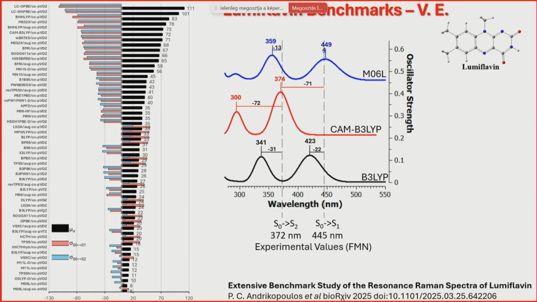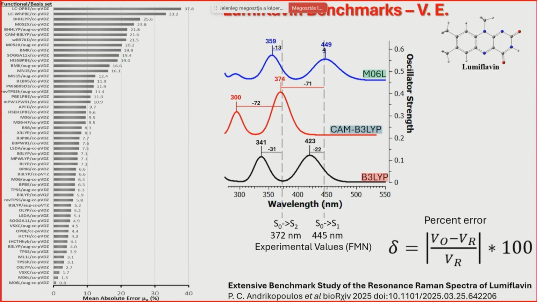The blue and red are the deviations from the experimental value, while the black line is the absolute average. So they are sorted from worst to best. We can see that B3LYP is doing quite decently, but even better, for example, is M06L. And we can also compute them as percent error from the observed value to the reference values here.